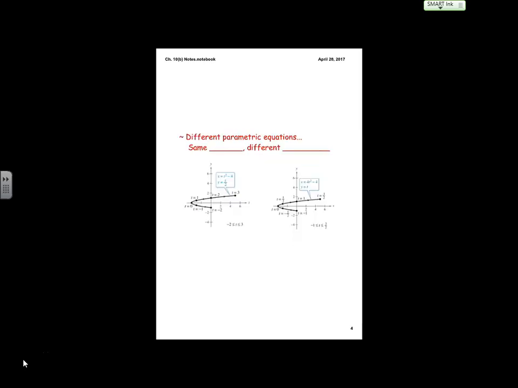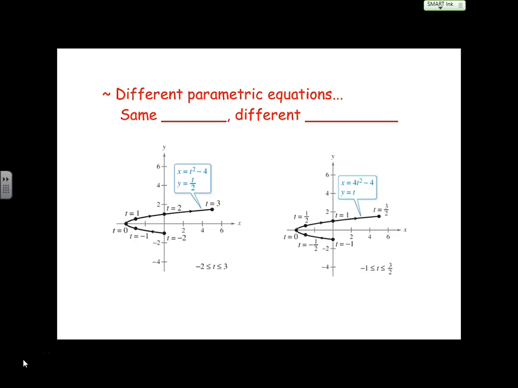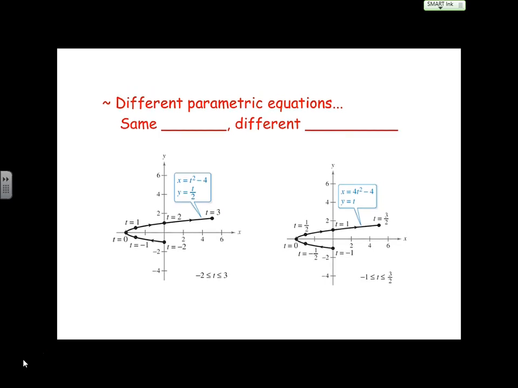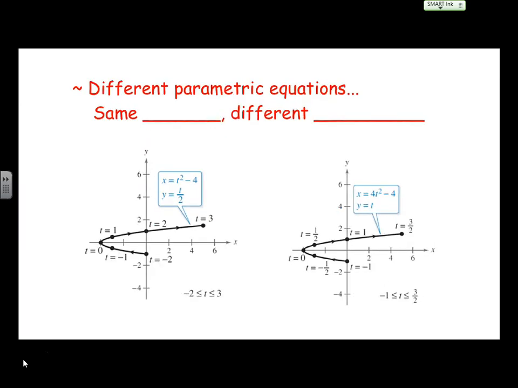Now here's something tricky. You don't necessarily need to write down these examples. I want you to look and see. This looks an awful lot like what we just did, except we just did this one where we had t is -2, -1, 0, 1, 2, 3. What's different about this one?